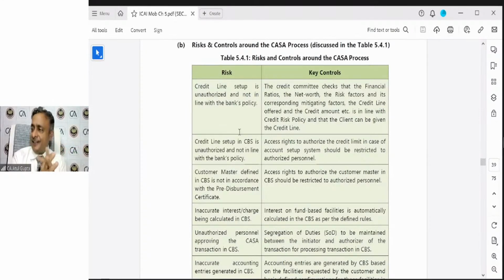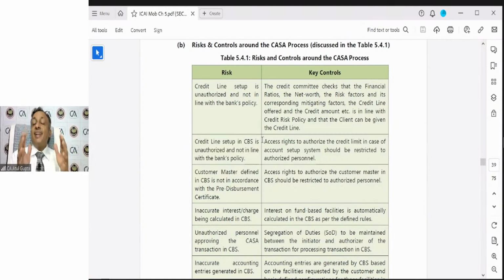Good. Now let us take the risk. Credit line setup is unauthorized and not in line with bank's policy. Please understand the nature of account you are opening and link it to the words credit line setup. You are opening a current account and saving account.